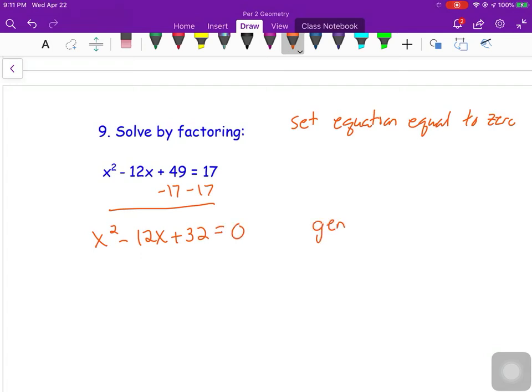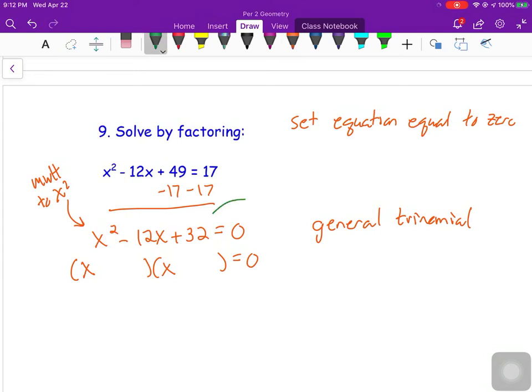This one is called a general trinomial. There is no common factor to factor out, so we make 2 sets of parentheses. The first 2 have to multiply to give us x squared. Well, not a lot of choices there, x and x.